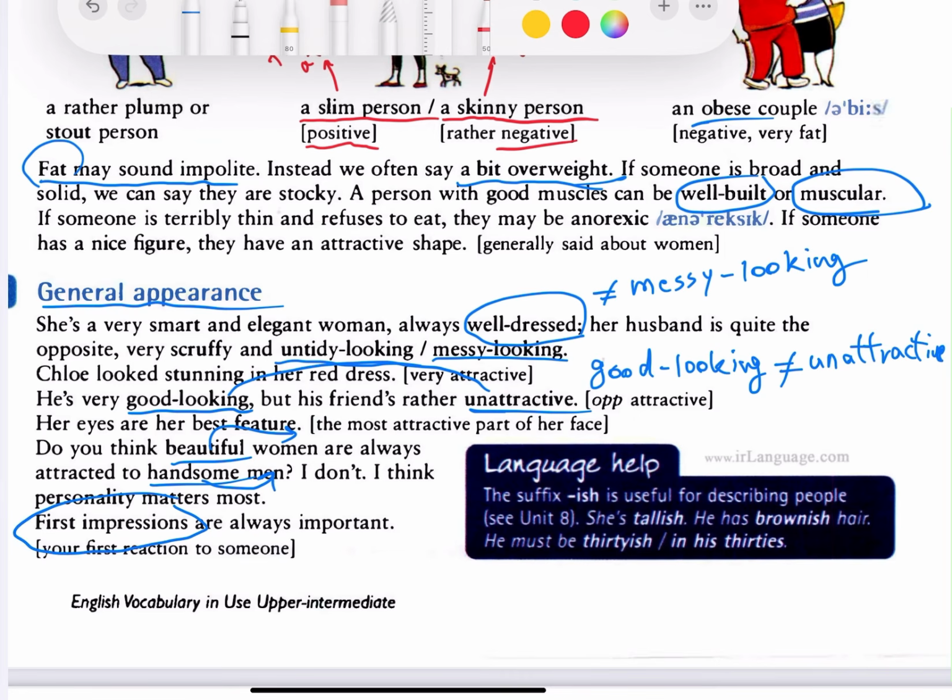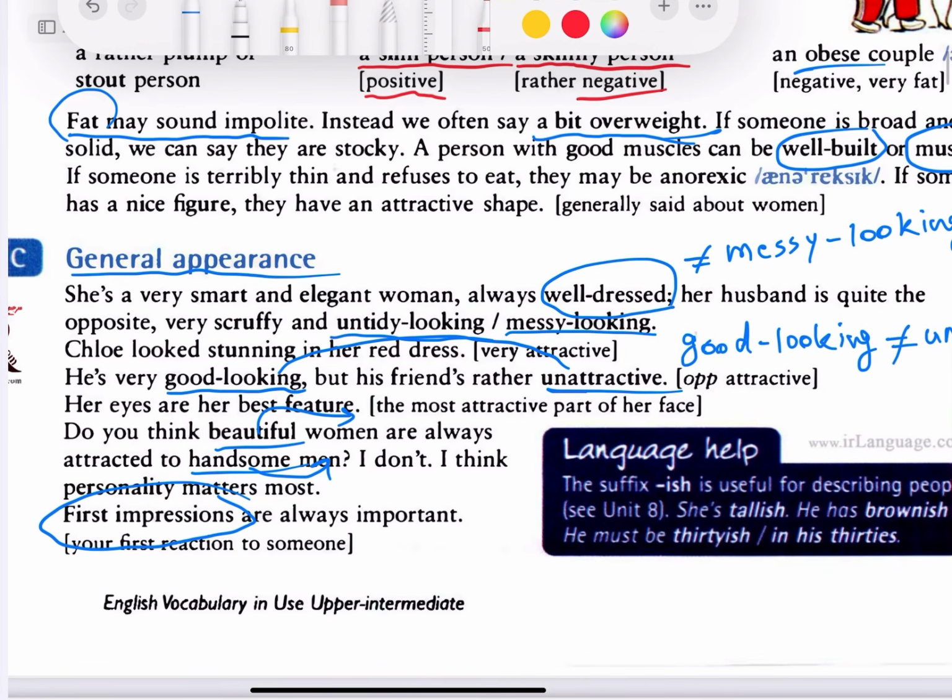Another word that you should learn is first impression. What does first impression mean? First impression means, for example, when we meet someone, in the first few minutes you judge their personality and their appearance.